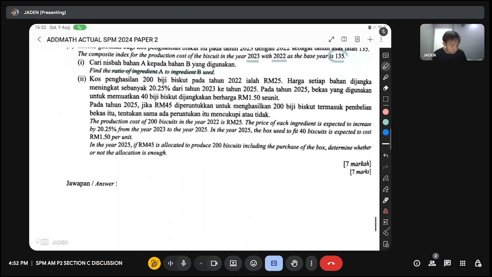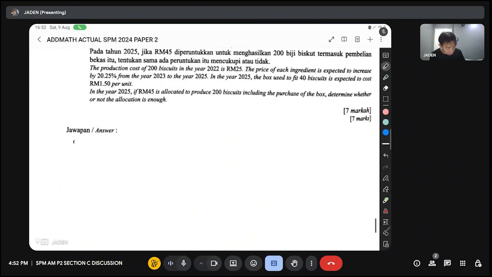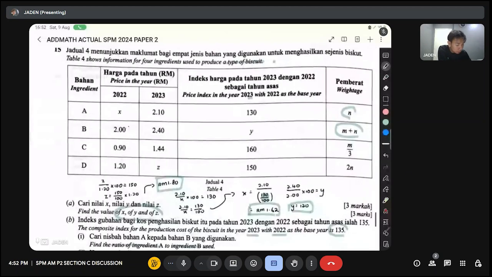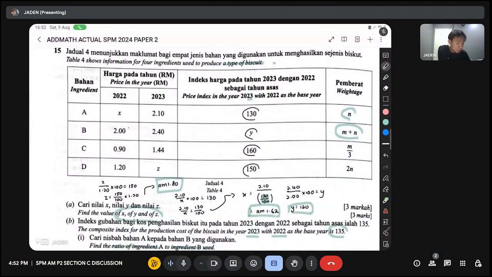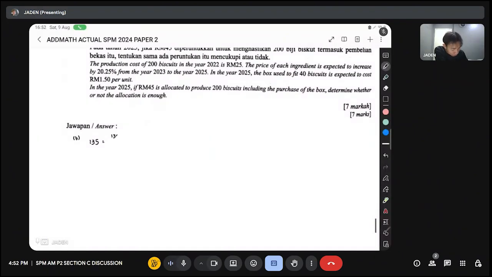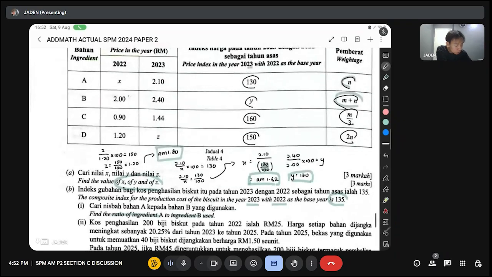We're going to create an equation. Okay, let me show you how. The equation is simple. You take 135 equal to, this is the price index of every ingredient, and this is the weightage. So I want you to apply the composite index formula: the price index times the weightage. So that will be 130 times n plus, and then we also have 120.